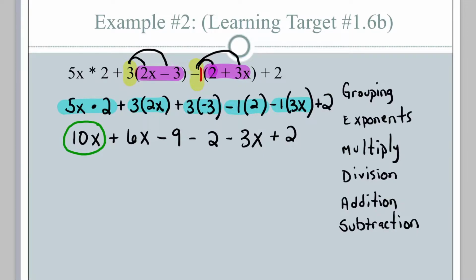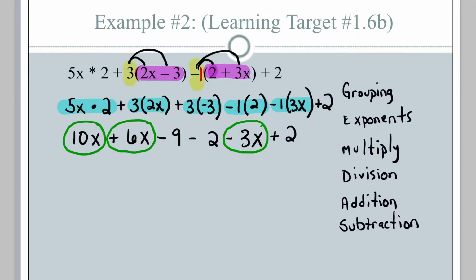And so we have a variable x to the first power. Looking at the 6x, it is also an x raised to the first power. And then finally, we have a -3x, and the x is raised to the first power.